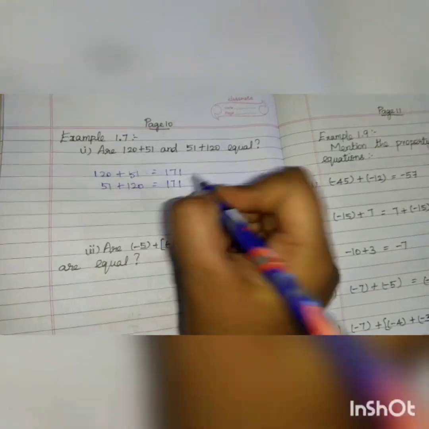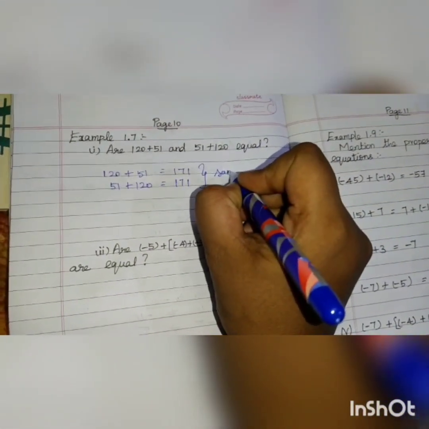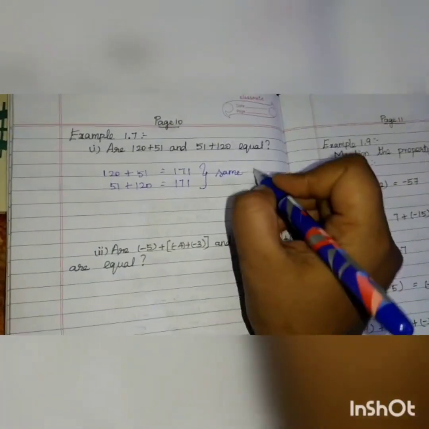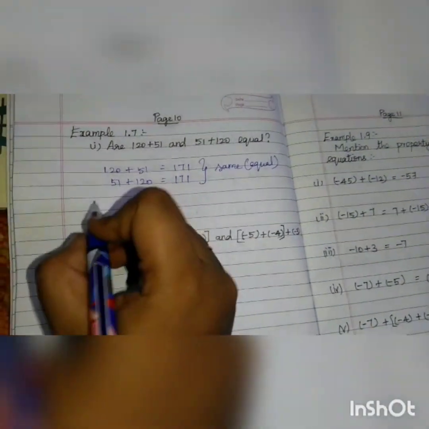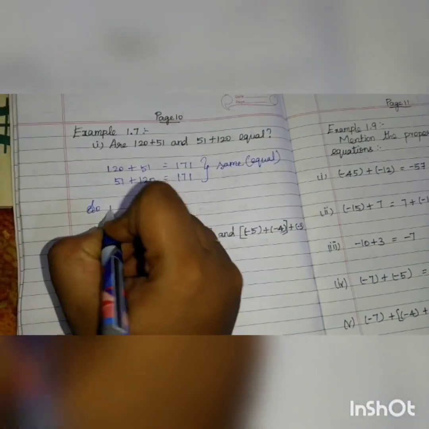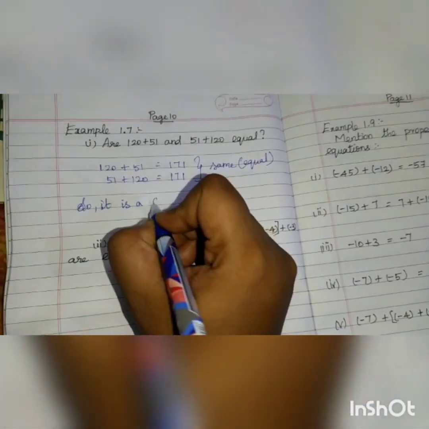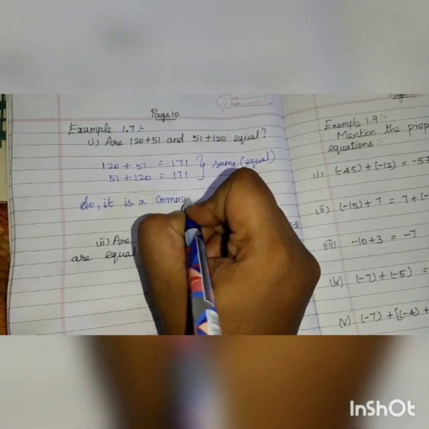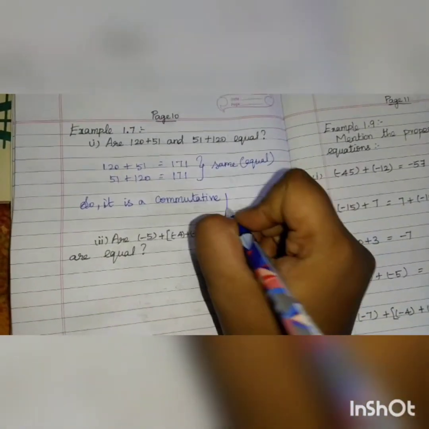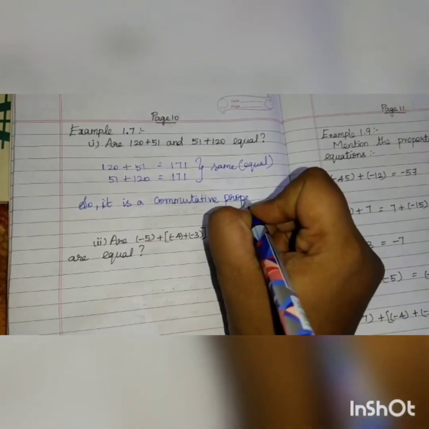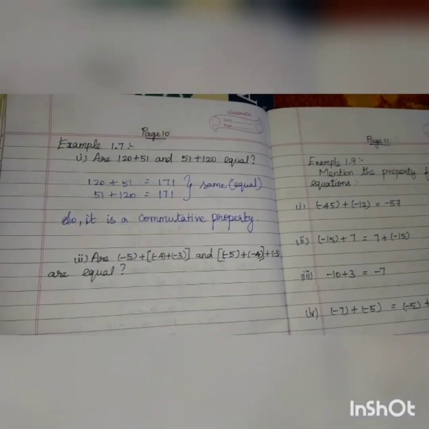The same 171 will come. So both are the same, or else you can write equal. So it is a commutative property. Okay, are you clear? Very easy.